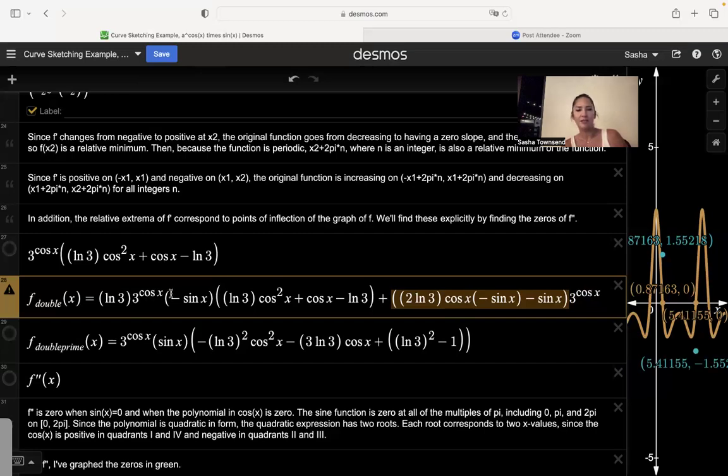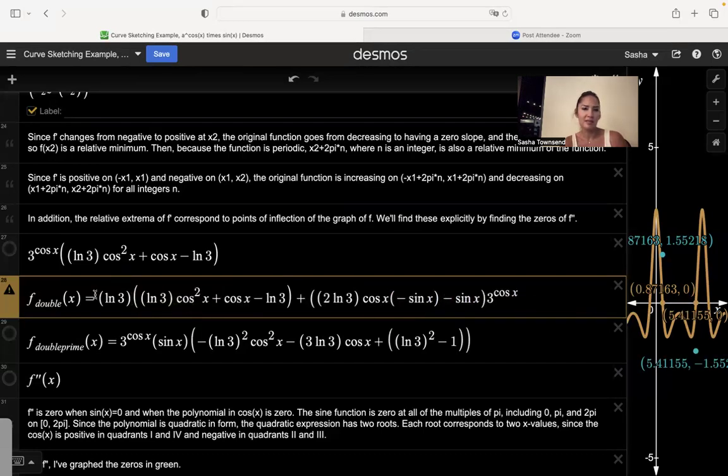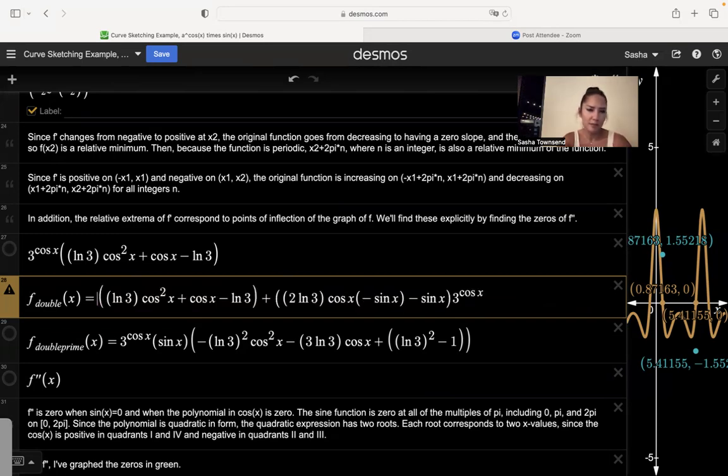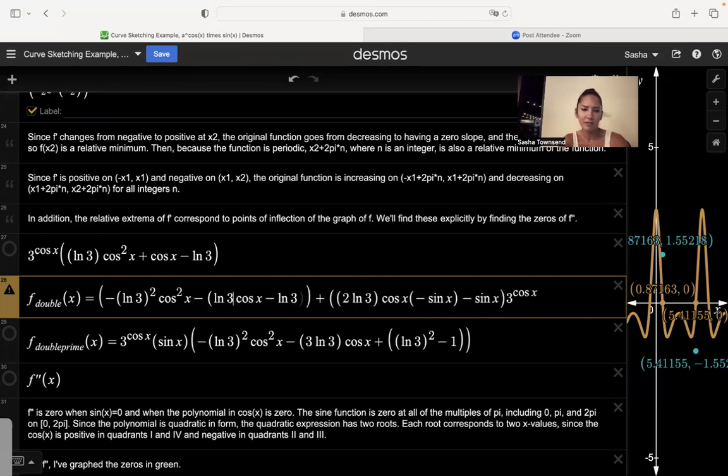Then I said, okay, if I factor out the sine of x and the cosine of x, what am I left with? I've got this negative natural log of 3 times this expression. So that would be negative natural log of 3 quantity squared times cosine squared x. And then I'm subtracting negative natural log of 3 times cosine. And then I'm adding natural log of 3 squared because I'm distributing in a negative natural log of 3.